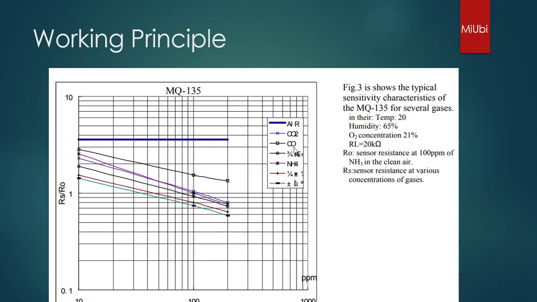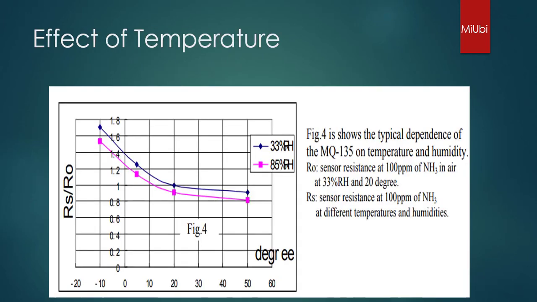For example, if you take carbon monoxide, CO, and my Rs by R0 is somewhere around 2, that corresponds to 100 ppm of carbon monoxide in the air, or the sensor is subjected to that much ppm of carbon monoxide. This is how we measure the gas concentrations using this sensor.